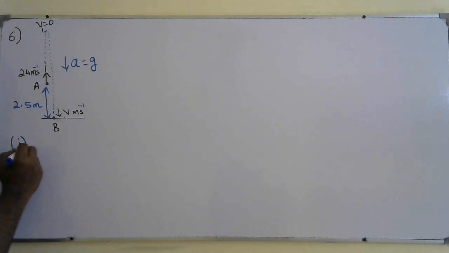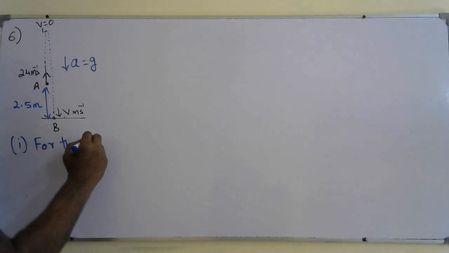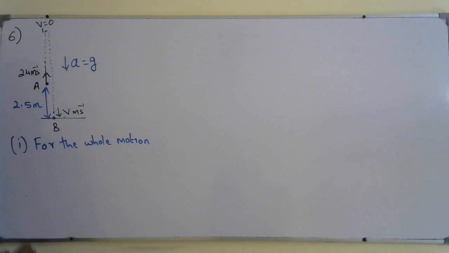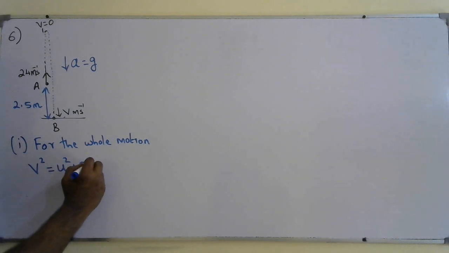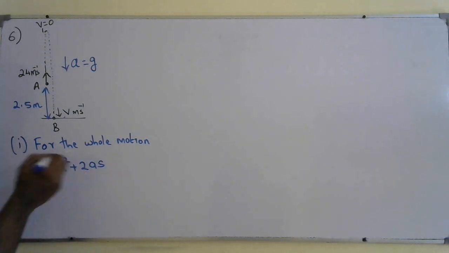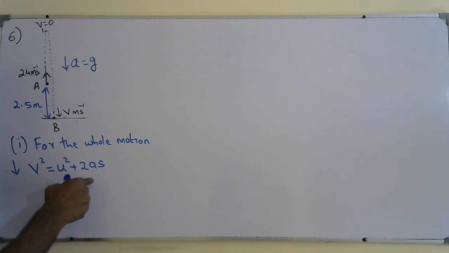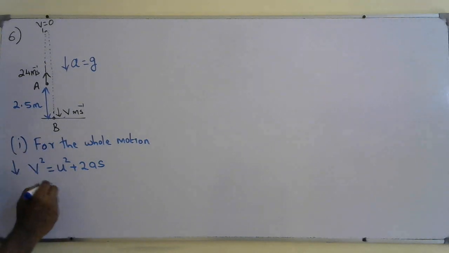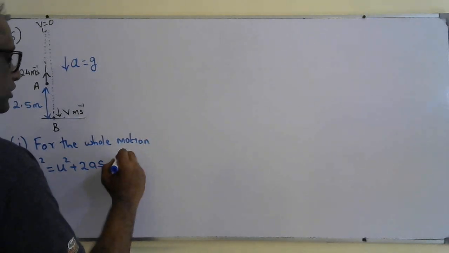So for the whole motion from A to B, I will use v squared equals u squared plus 2as. I can use a sign, but anyway this is not a vector equation, it is a scalar equation because squares are coming, so you don't need the dot product.